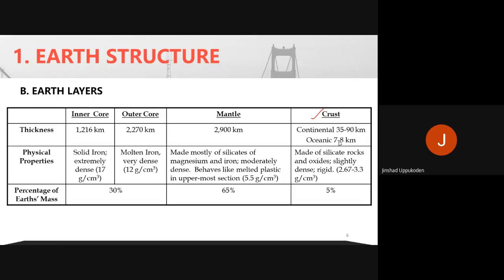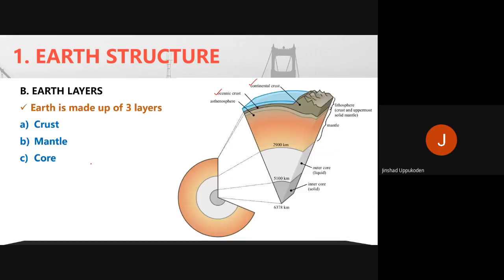The silicate rocks of granite and oxides are slightly dense. The specific gravity may be slightly lower compared to that of the inner layers. The crust's contribution to the entire mass of the Earth is only 5%, the outermost layer.